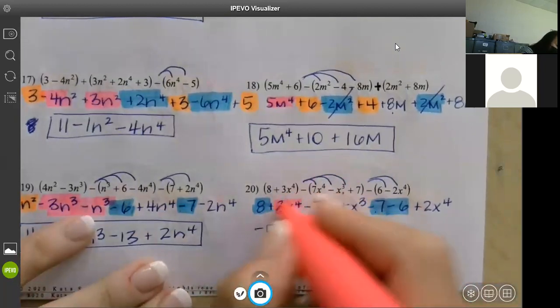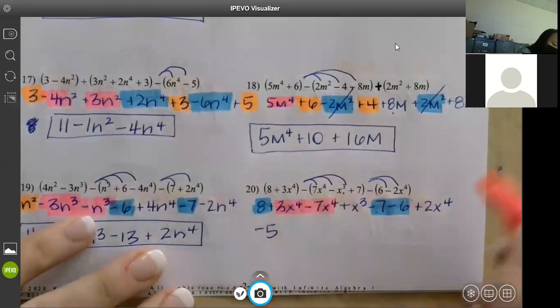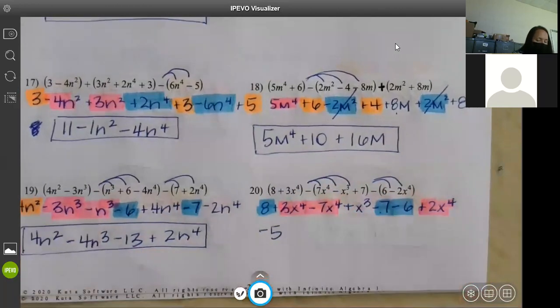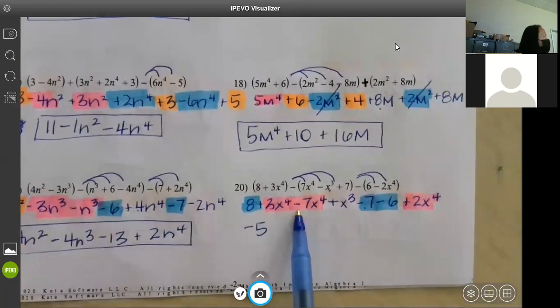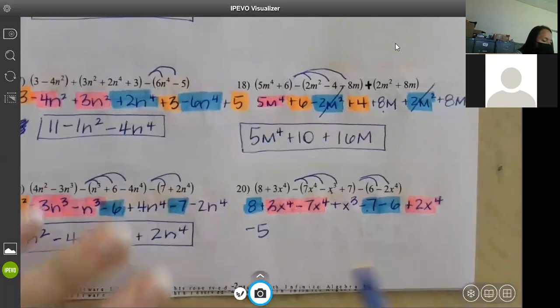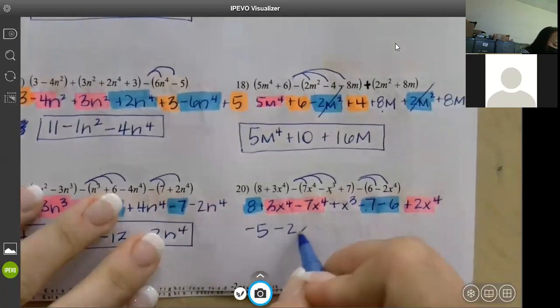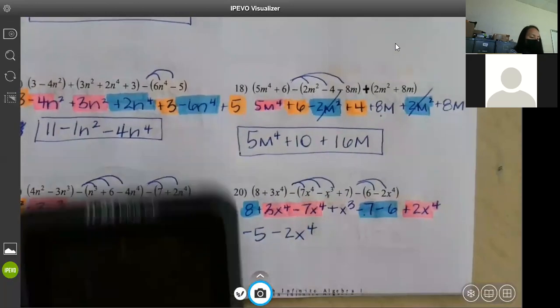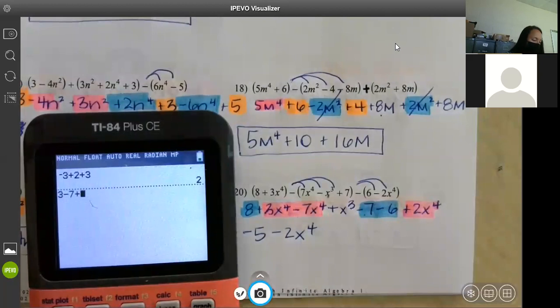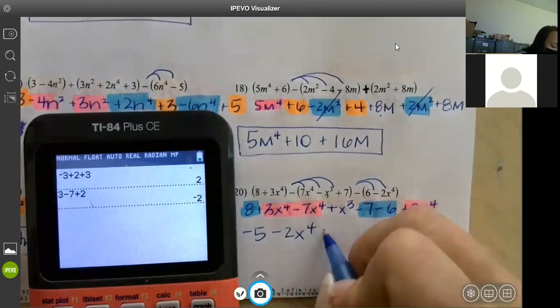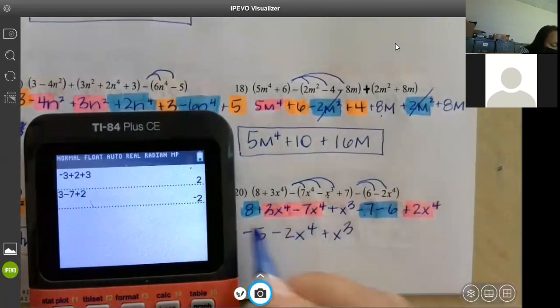I have 3x to the fourth minus 7x to the fourth plus 2x to the fourth. 3 minus 7 is negative 4, plus 2 is negative 2. And then the only thing I have left is x to the third.